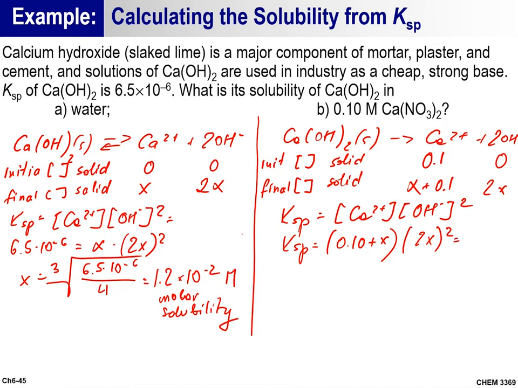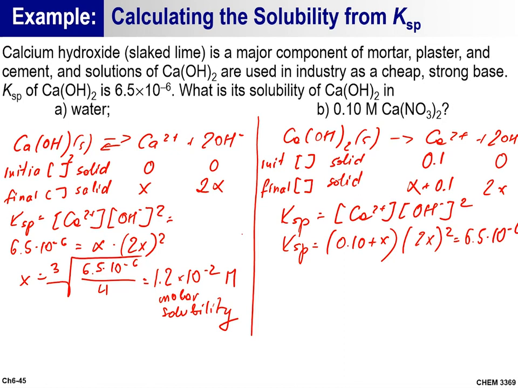Although there are other sources of calcium 2+, like the nitrate, there is only one concentration of calcium 2+ in this solution, so this equilibrium has to be satisfied. The Ksp is constant, and it's still 6.5 times 10 to the negative 6. However, solving this equation proves to be a little more difficult because we have this additional term, 0.1 plus x.